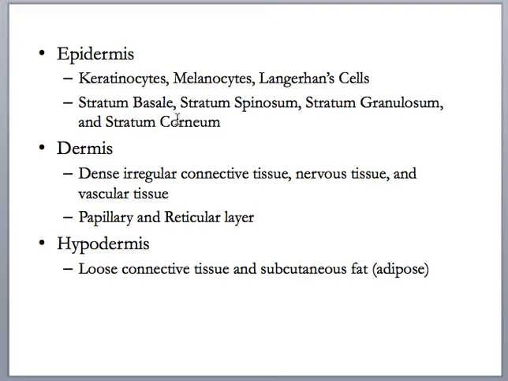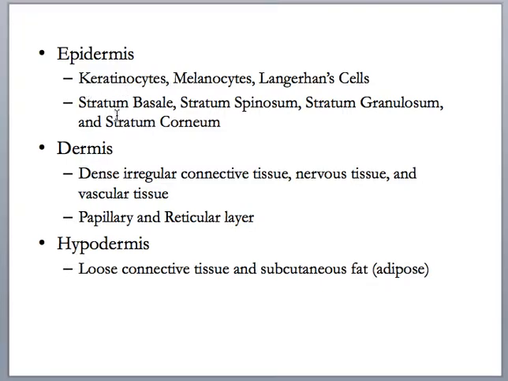Melanin is a pigment, and the definition of a pigment is that it has the ability to absorb UV light. So melanocytes produce melanin, and that pigment absorbs UV radiation, so it protects us from sun damage. Langerhans cells are thought to be important in an immune response, but they're a very small minority of the population of cells of the epidermis, the majority being keratinocytes.